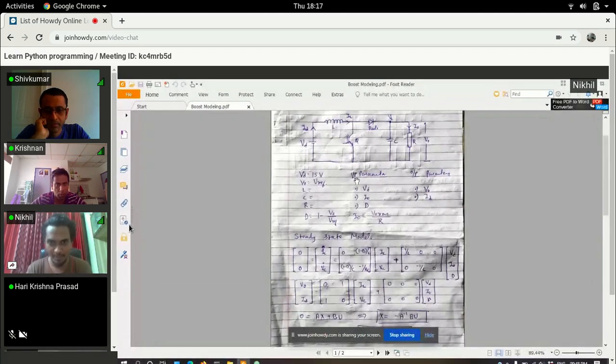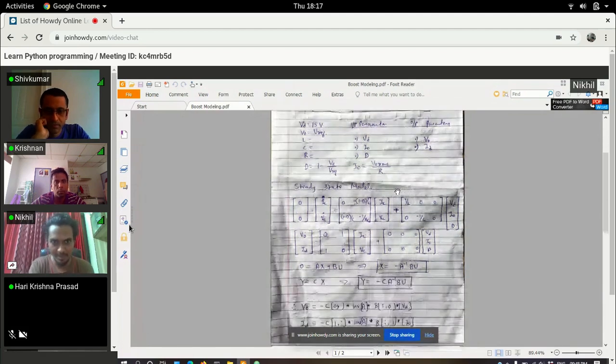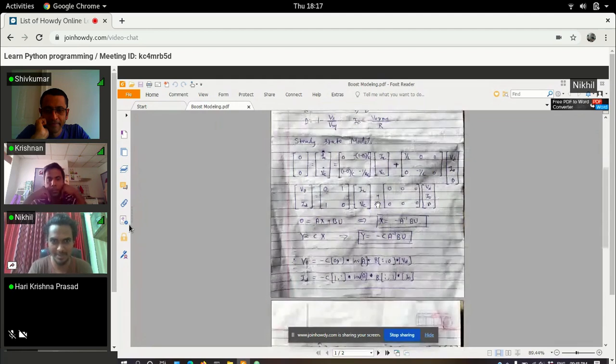Input parameters will be input voltage, output current, and duty ratio. Output parameters will be Vout and input current. Duty ratio and IO are calculated by this basic formula.